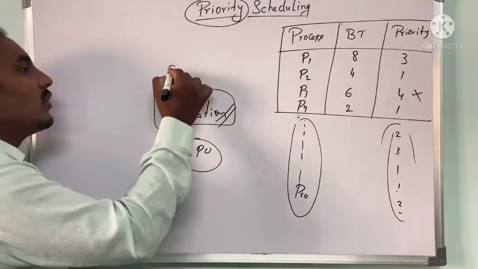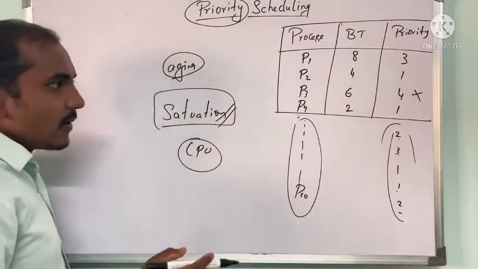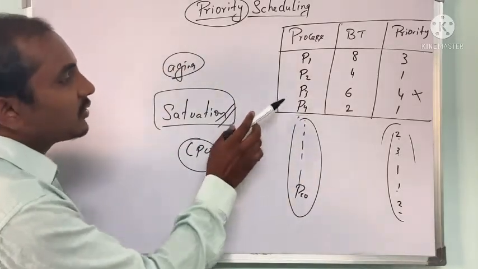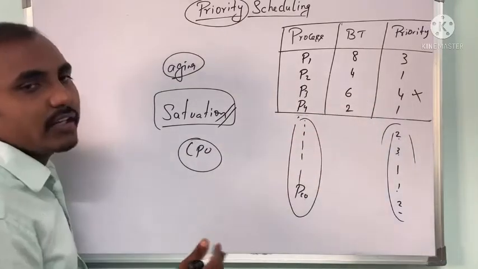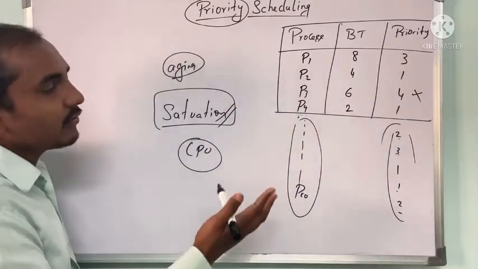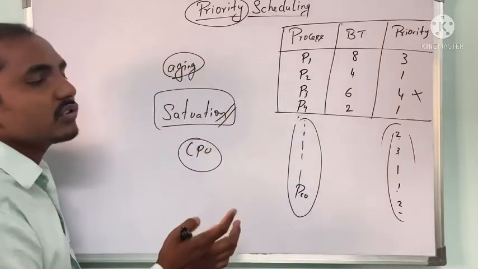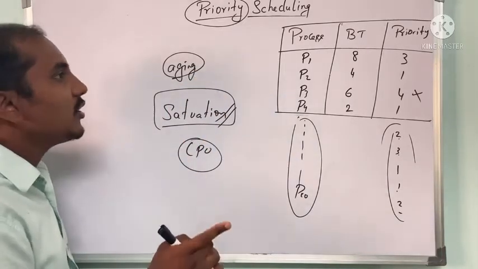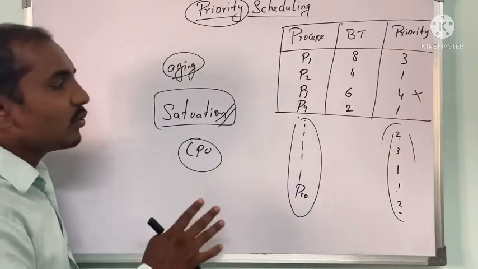There is a solution called aging. In aging, as the waiting time of the process increases, its priority can be increased, so the priority of the process can change based on its aging in the ready queue. That is one solution whereby we can execute all the processes in less time.